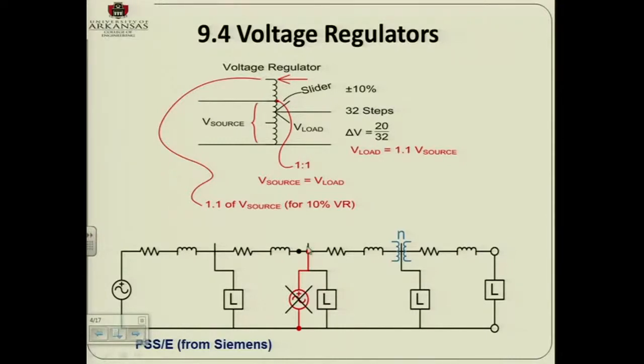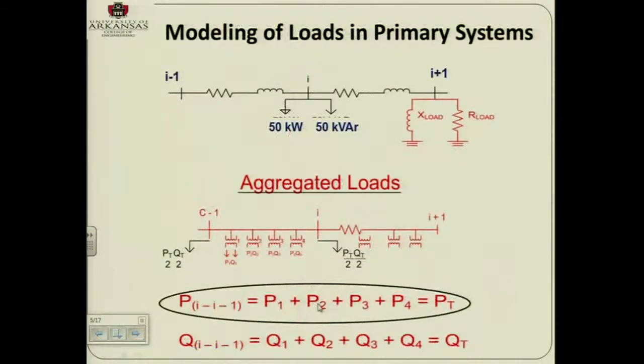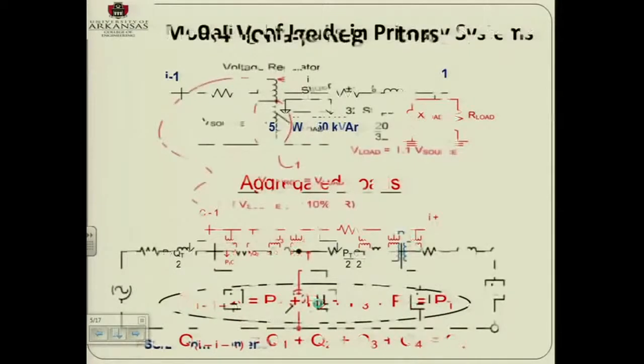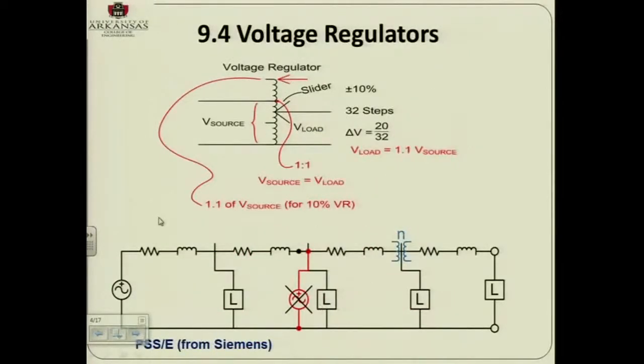The problem is that now current flows from here to the left, and current flows to the left, and also to the right of this node, because you are putting a voltage source.